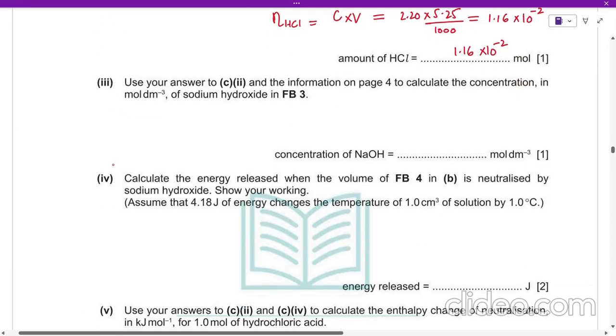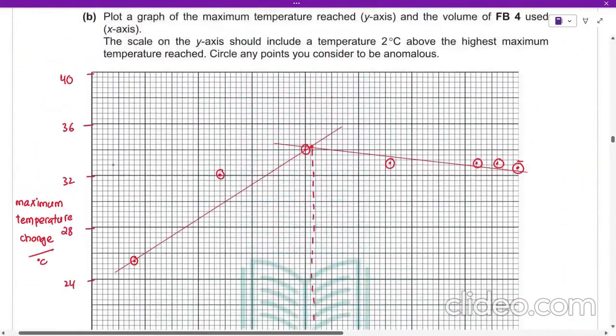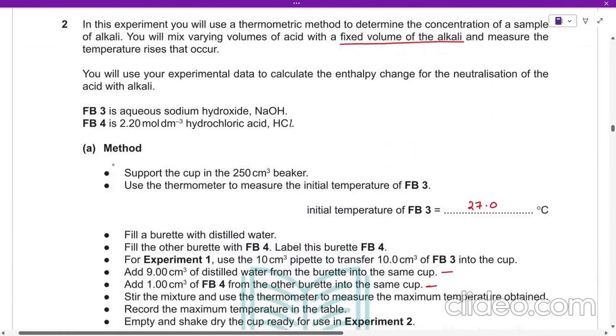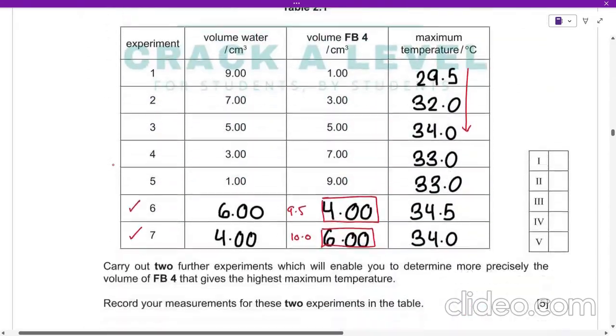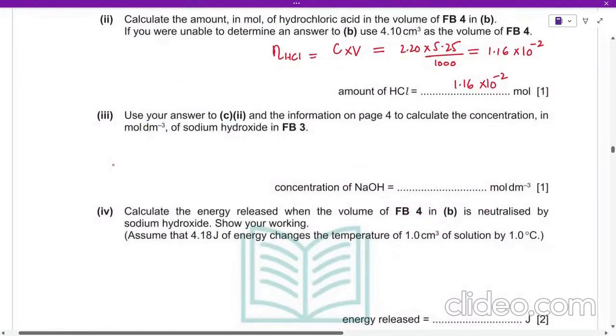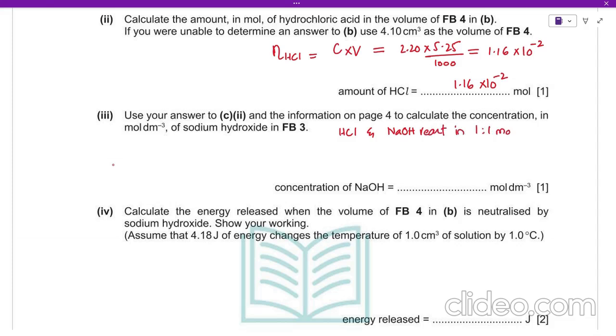So use your answer to part 2 and the information on page 4 to calculate the concentration in mole per dm cube of sodium hydroxide in FB3. So how can we calculate the concentration of NaOH? Let's just see. We have not been given the concentration, but we know how much volume we are using. As you know, HCl and NaOH react in 1:1 molar ratio.